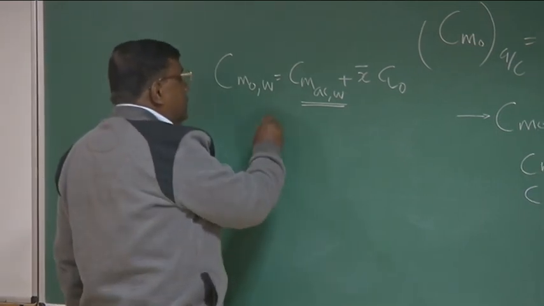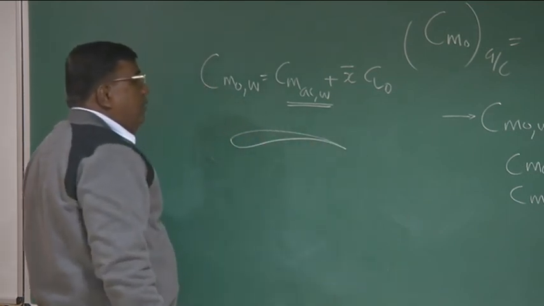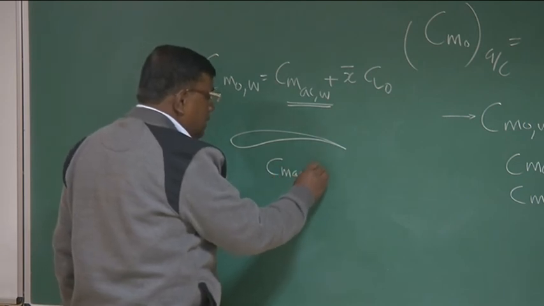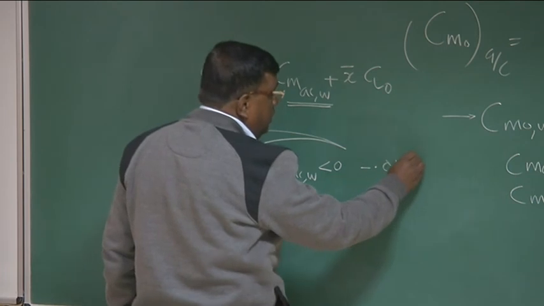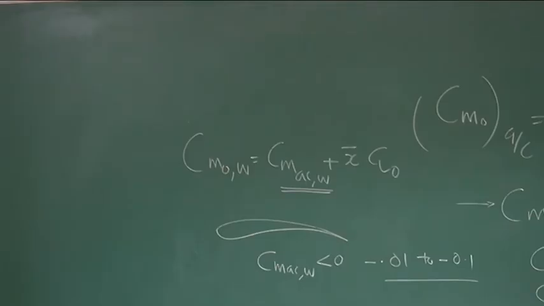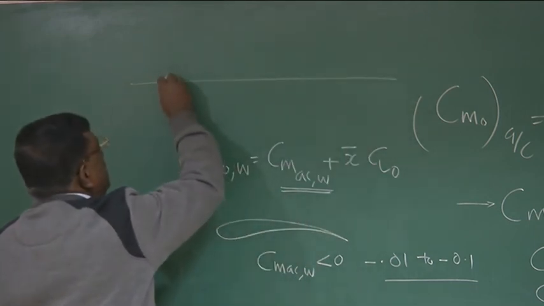So now, you know that we are very clear that for a cambered aerofoil, Cm AC wing is less than 0, which is negative, typically minus 0.01 to minus 0.1. You will find numbers like this. Let us see what are these Cm AC wing and x bar CL0. Let us draw a wing.